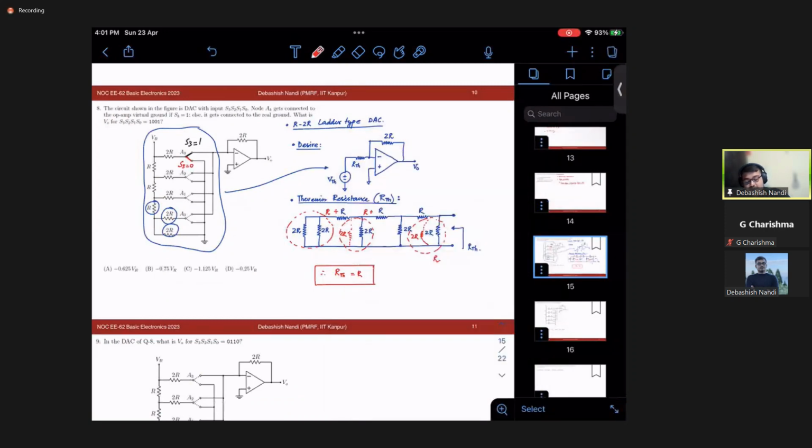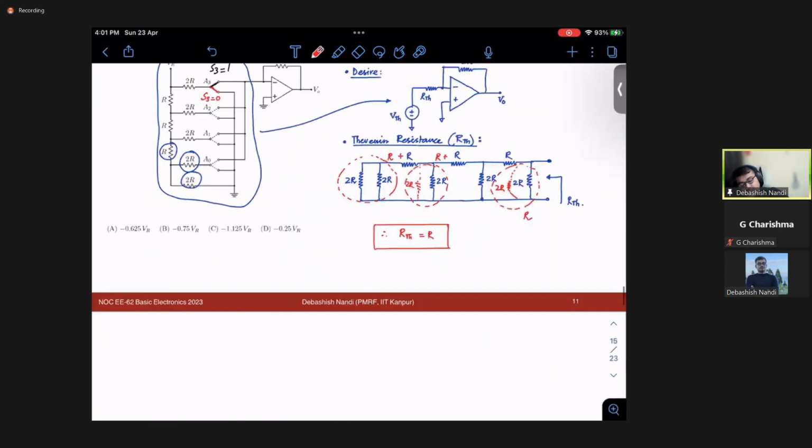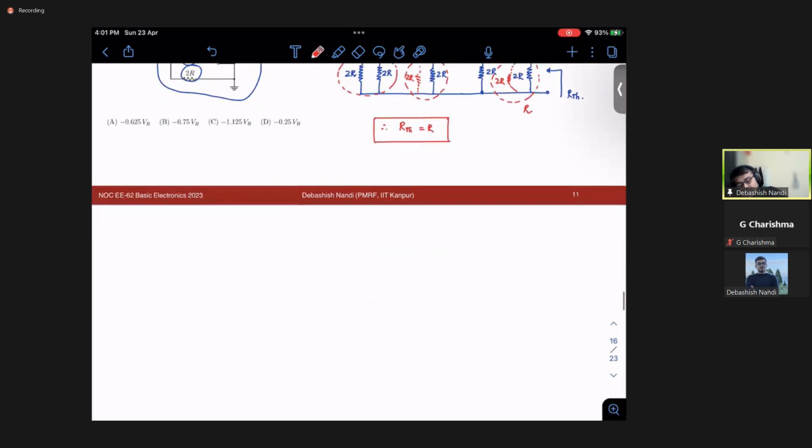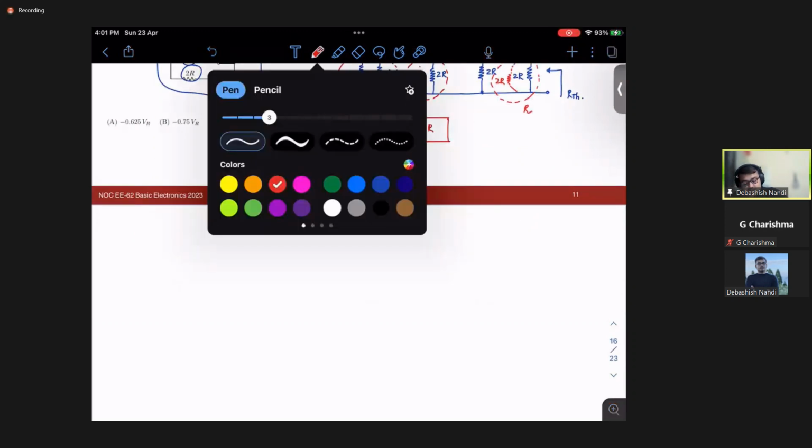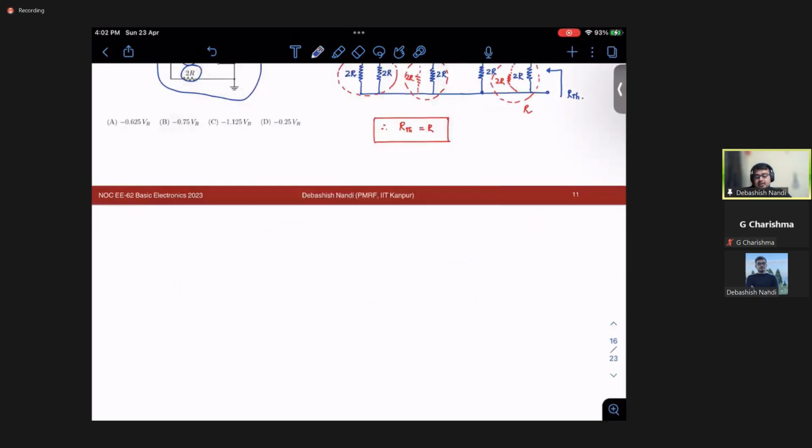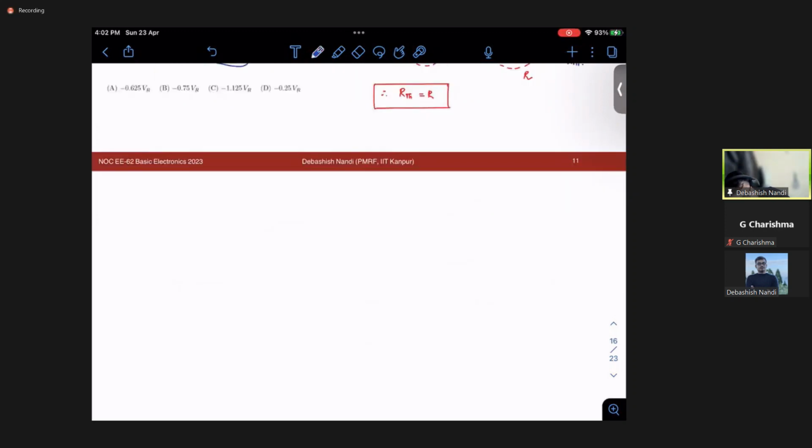Now, what about the Thevenin voltage? You can draw the complete circuit in this fashion.